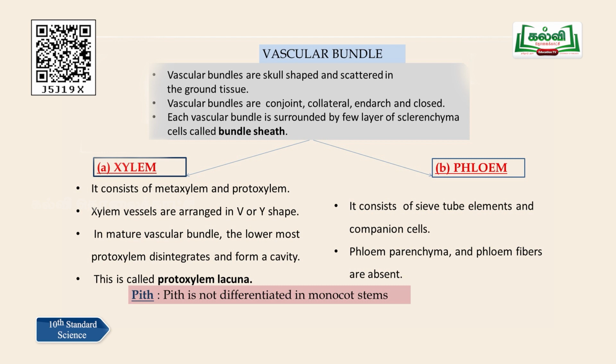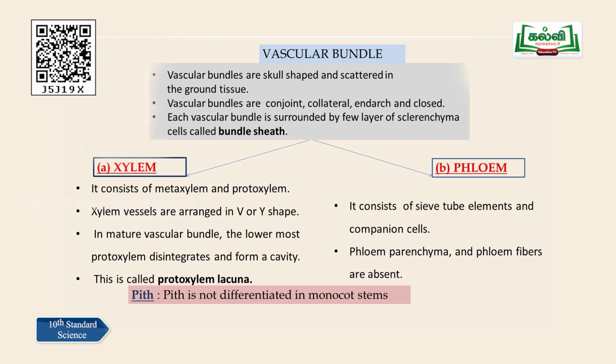In a mature vascular bundle, the lowermost protoxylem disintegrates to form a cavity, and this is called the protoxylem lacuna. The phloem consists of sieve tube elements and companion cells. Here the phloem parenchyma and the phloem fibers are absent.